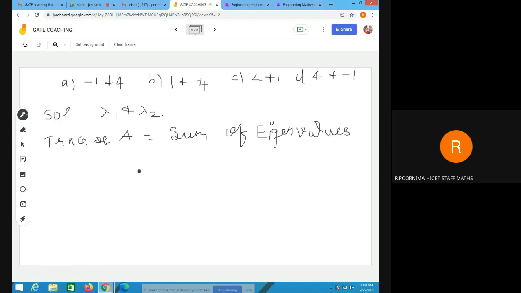So the sum of eigenvalues is lambda 1 plus lambda 2. Here we are using the characteristic equation.